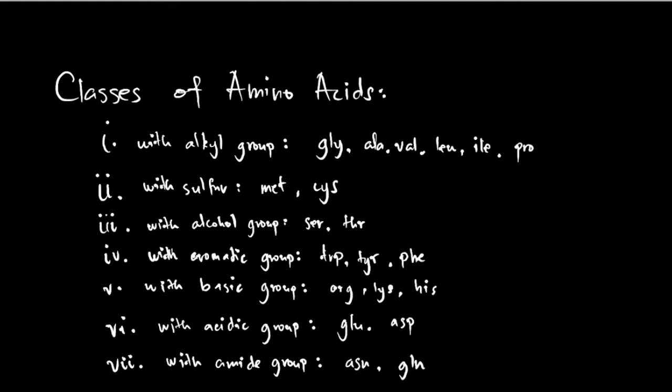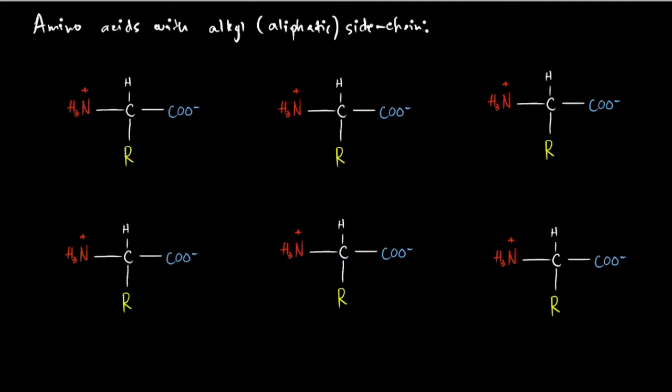So, as you may see here, puro abbreviation lang na nandito. We also have our asparagine, yung ASN natin, at saka yung glutamine, yung ating GLN. So, we will be drawing their structures, starting with those aliphatic side chains, or yung tinatawag nating alkyl side chains.